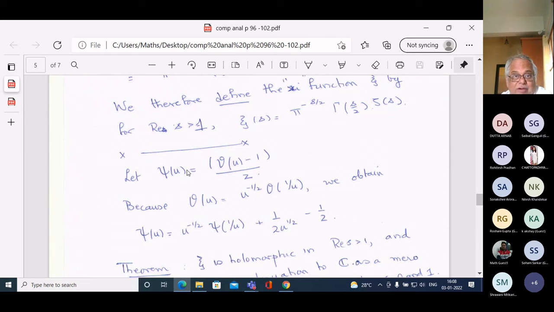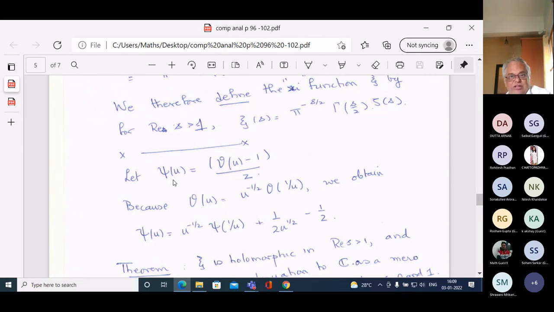Therefore, I can try to find out what is the functional equation which relates psi of u to psi of 1 by u. Why do I expect something like that? Because theta of u is related to theta of 1 by u, therefore psi of u should be related to psi of 1 by u.